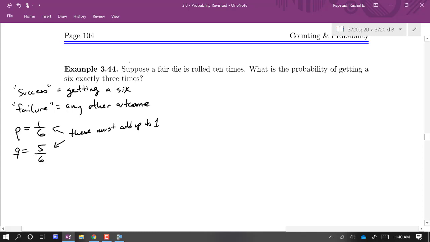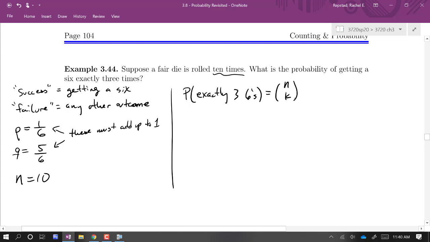And we are rolling this die 10 times, so N is 10. There are 10 trials. Now, we want exactly 3 6s. So we're going to use the formula. First, I'm just going to write it out.